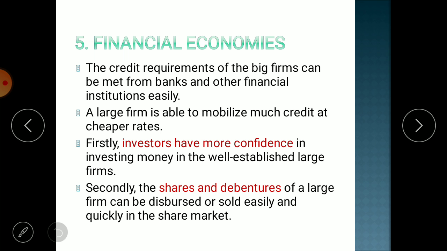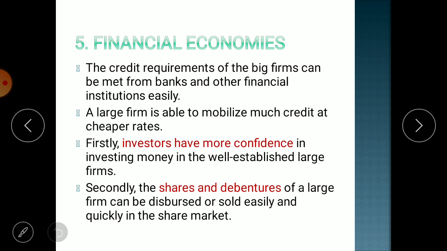Firstly, investors have more confidence in investing money in a well established large firm, and secondly, the shares and the debentures of the large firm can be disbursed or sold easily and quickly in the share market. Here also we need to compare two firms, the large firm and the small firm.